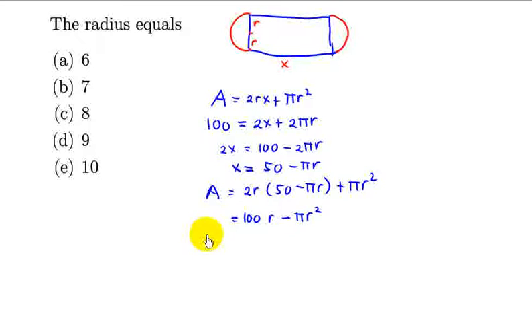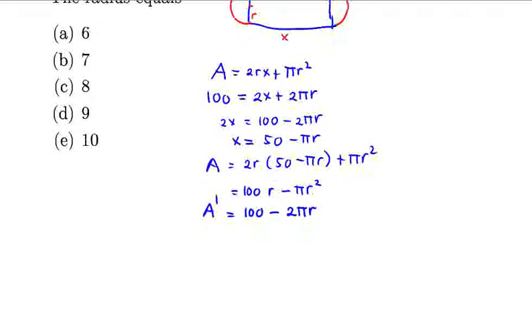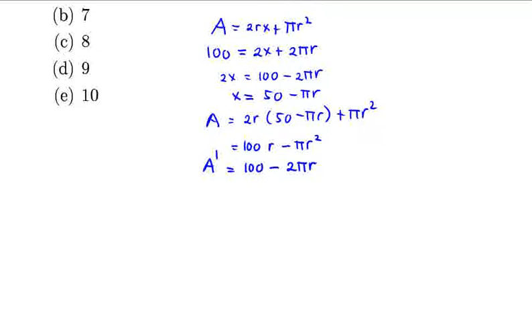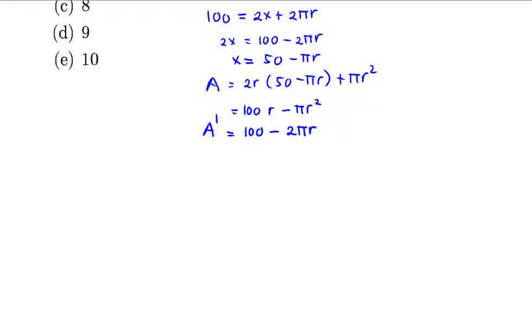So first we take the derivative of A, which is equal to 100 minus 2 pi r, and we set it equal to 0, because that is the definition of critical numbers, the points where the derivative equals 0. Solving for r: 100 equals 2 pi r, so r equals 100 divided by 2 pi, which is 50 over pi.